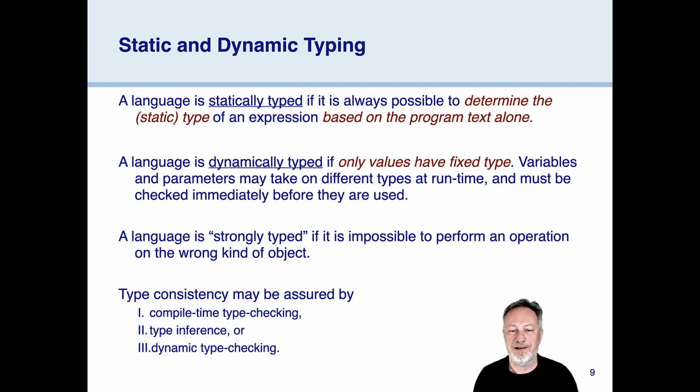Now, how do you check the type consistency? Essentially, there are three things you can do. On the one extreme, you do compile time static type checking. On the other extreme, you do dynamic type checking at runtime. And in between, you can do another form of static type checking, which is based on static type inference. And this is exactly what Haskell does.